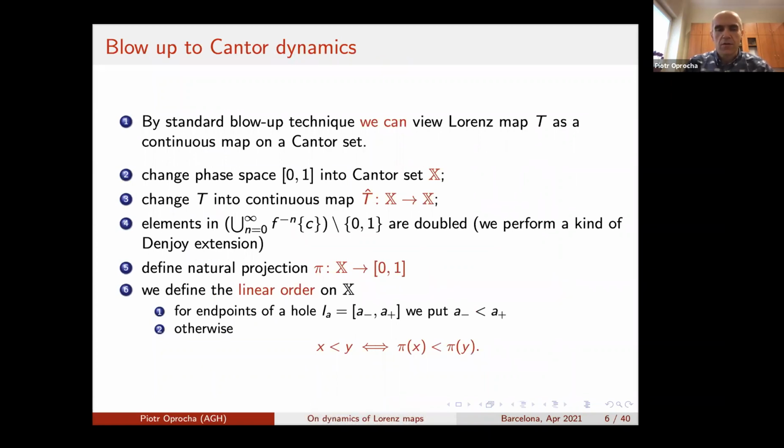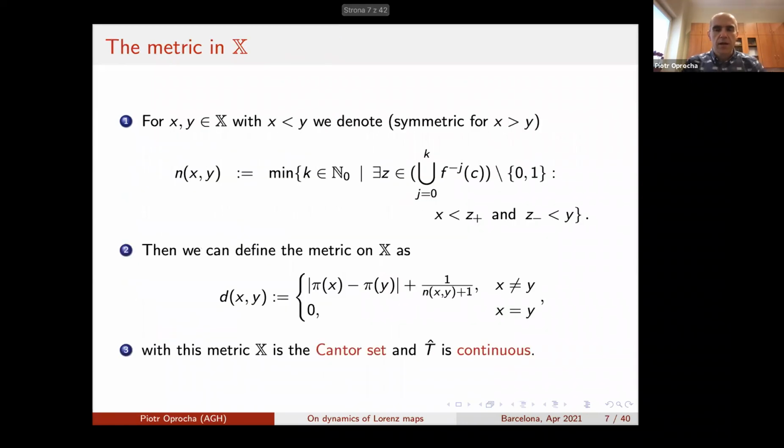They rather look at what's on the interval and at one-sided limits, and they don't exactly go to the Cantor set, but they treat the dynamics like it is happening on the Cantor set. As I said, sometimes it can be misleading. I will show you examples later.